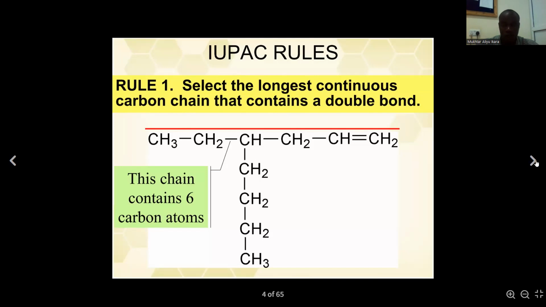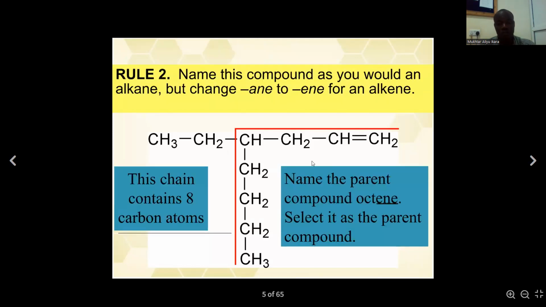Remember from the previous videos, I told you that any organic compound must contain three components: the prefix, the root name, and the suffix. In this one, we are trying to identify the parent. If you follow it this way, we have 8.